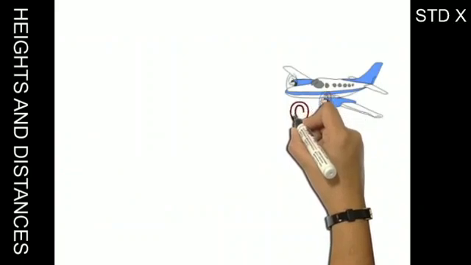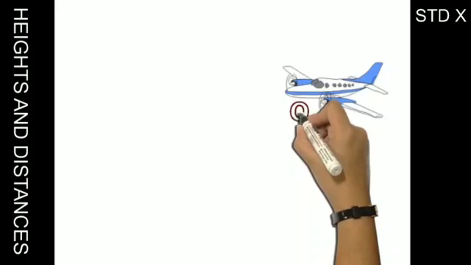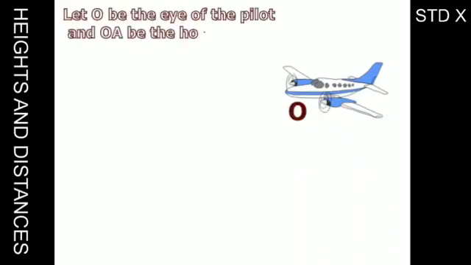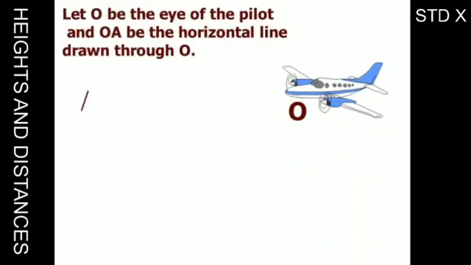Now, angle of depression. We will see the angle of depression through this aeroplane and a ship. Children, let O be the eye of the pilot and OA be the horizontal line through O. It is a straight line, a horizontal line. Now assume that one ship is there.